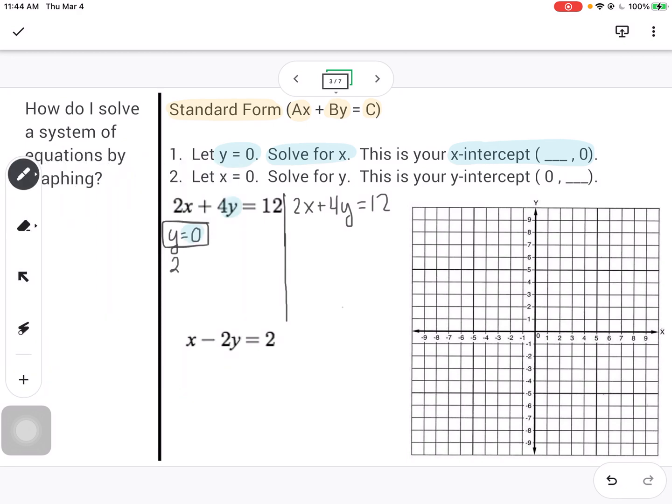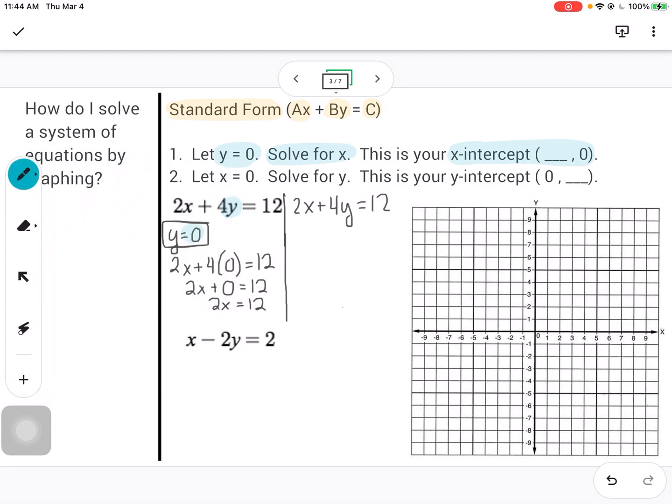So we have 2x plus 4 times 0 equals 12. Well, 4 times 0 is just 0. So we have 2x plus 0 equals 12, or 2x equals 12.